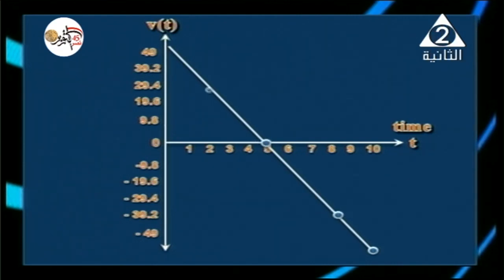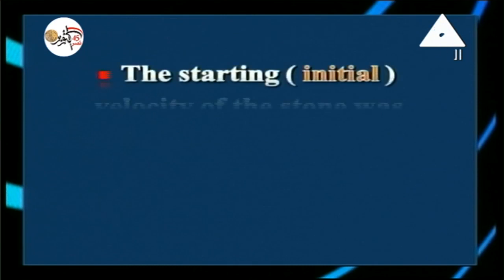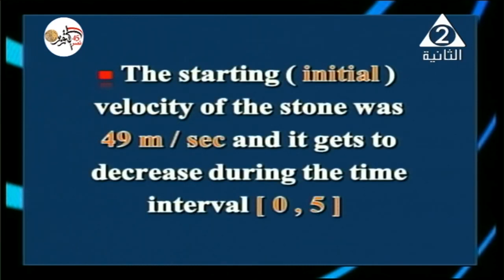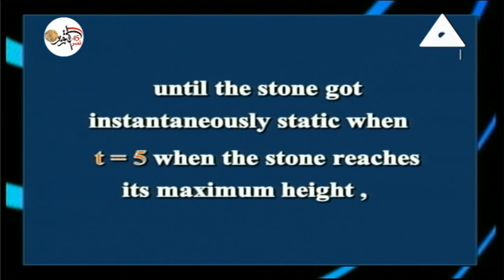My dear student, look at the initial or starting velocity of the stone when t equals 0. The velocity is 49 meters per second and it decreases during the time interval closed interval 0, 5, until the stone becomes instantly static when t equals 5, when the stone reaches its maximum height.